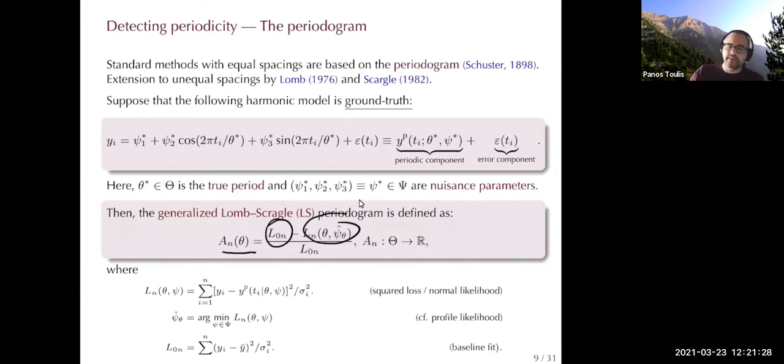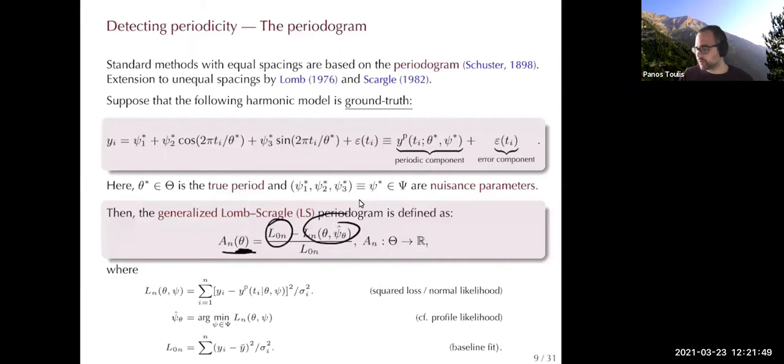Okay, and then this gives me a value, and you can think of that value as similar to the likelihood, because the larger this value is, the higher the likelihood for that particular value of the period. L here is a squared loss, equivalently the normal likelihood.